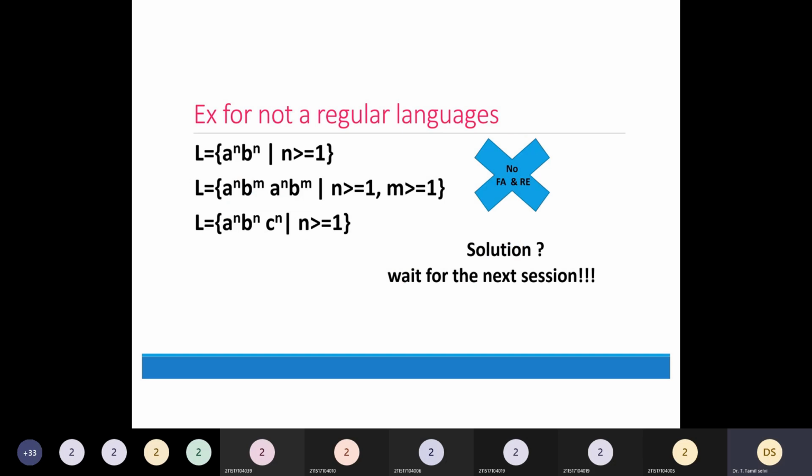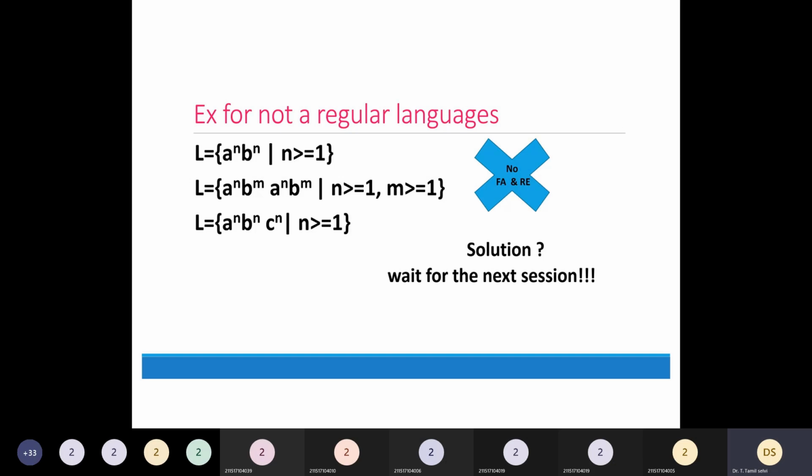So with n value equal to 2, first you have to divide this into parts x, y. The first two symbols, aa, are xy, and then the next part, bb, is z. After dividing this into three different parts, you are going to pump the innermost part alone. Which is the innermost part? The second a is the innermost part, which is nothing but the y value.